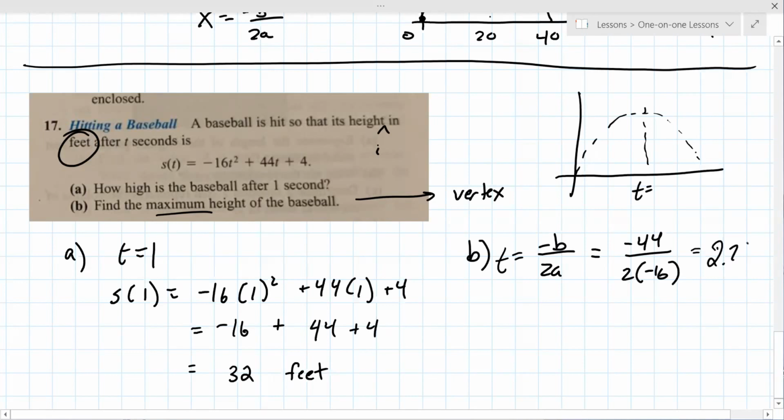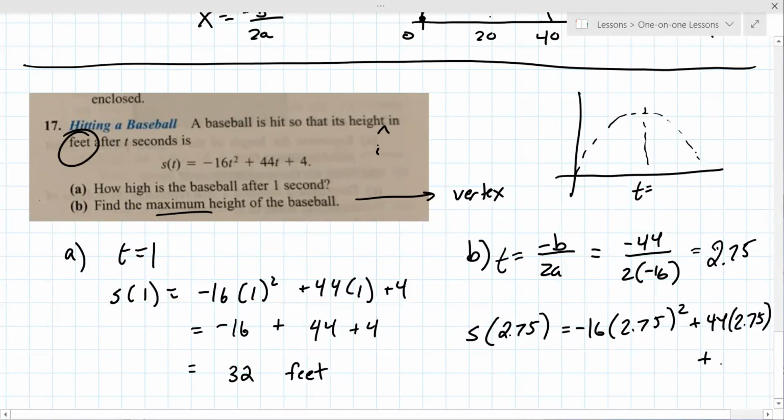So now to carry this out, you have to put 2.75 into the function itself, because you know when it happens, but you need to know what it is.